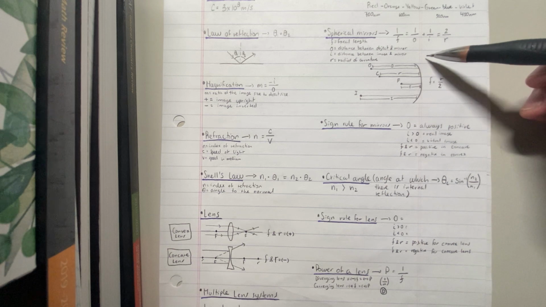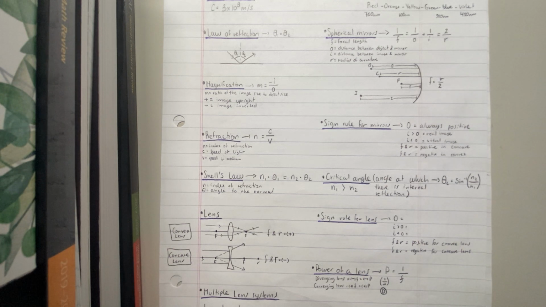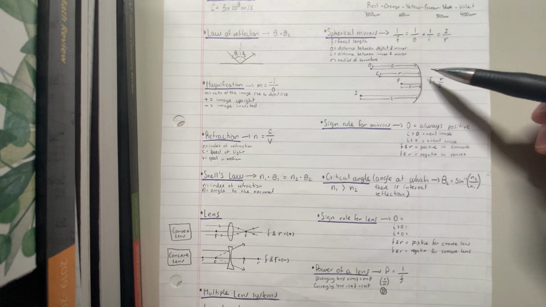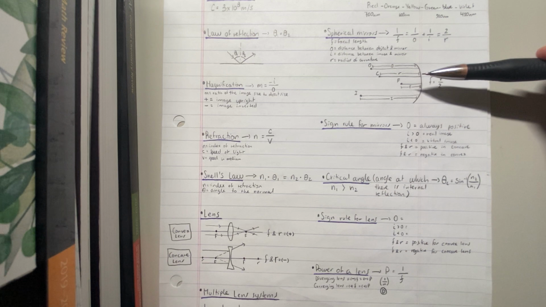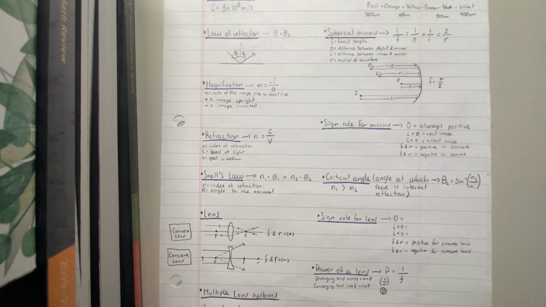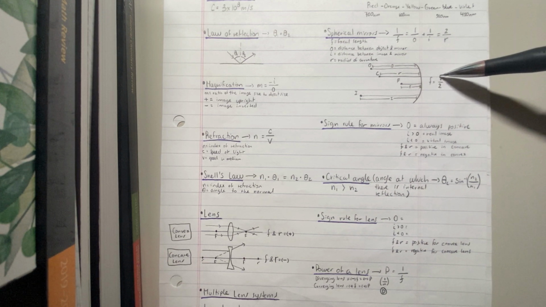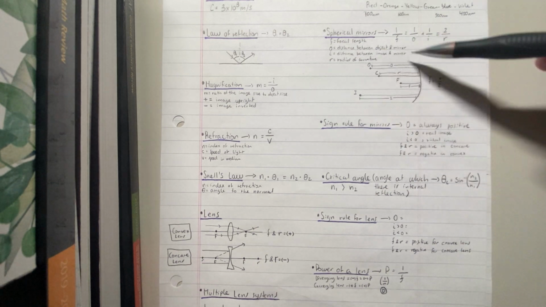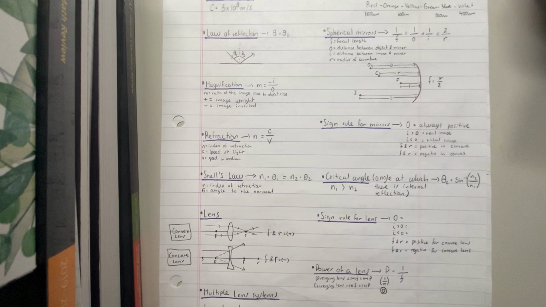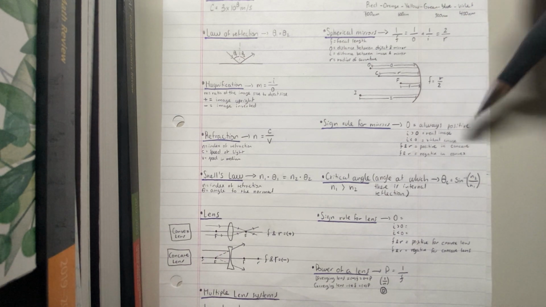If on the other hand you have a convex mirror, so if the light would come that way, then we know that the F is going to be here, and the R is going to be here, and they are outside of the circle. So in this case, the F and the R will be negative.